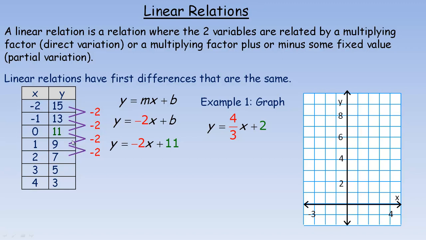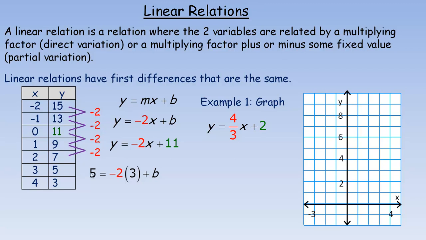Now, you won't always have the luxury of knowing what y is when x is 0. If the table started here and just included these last 4 ordered pairs, then you wouldn't have the 0, 11. So what you can do is take one of the ordered pairs. I'm going to use the 3, 5 point. This is x is 3, y is 5, so it's the point 3, 5. And I'm going to substitute into this equation.